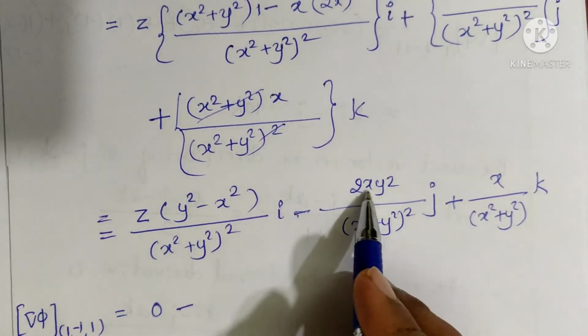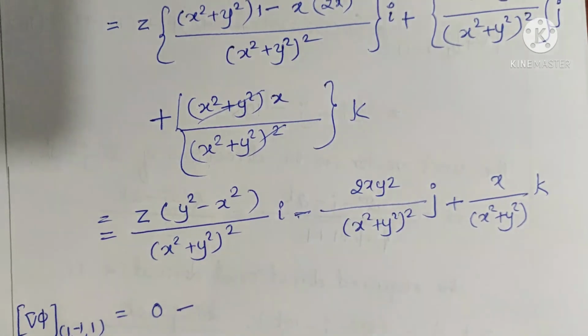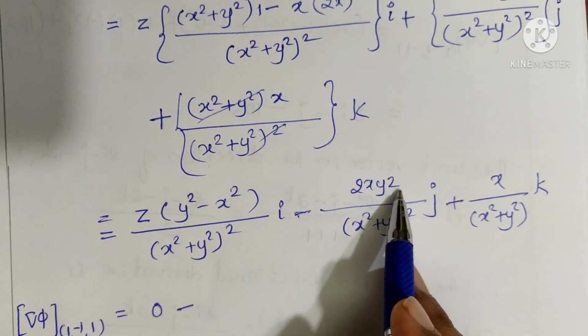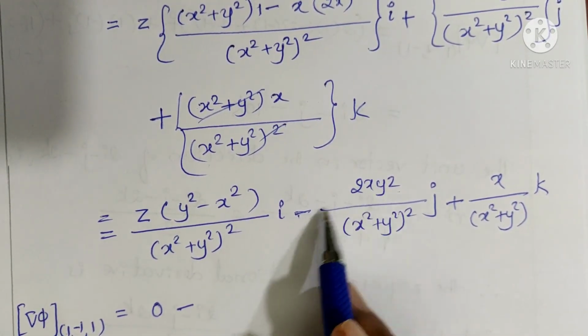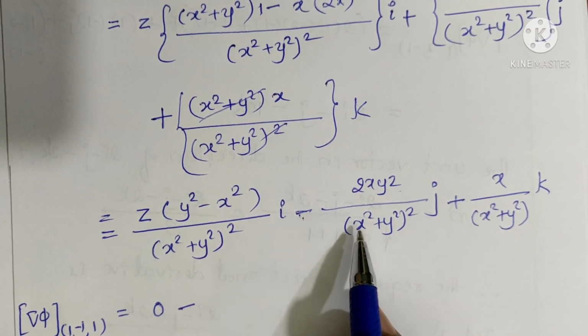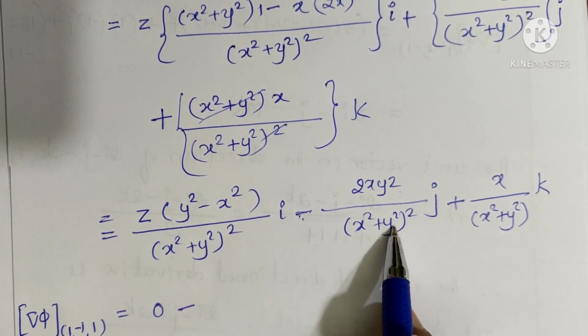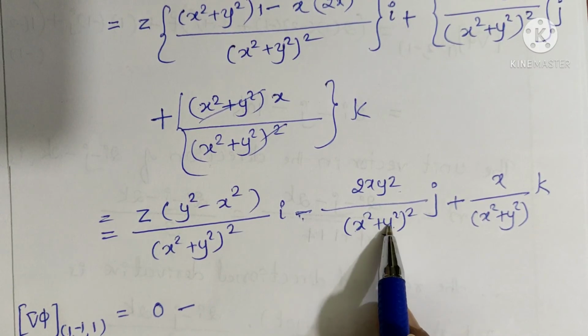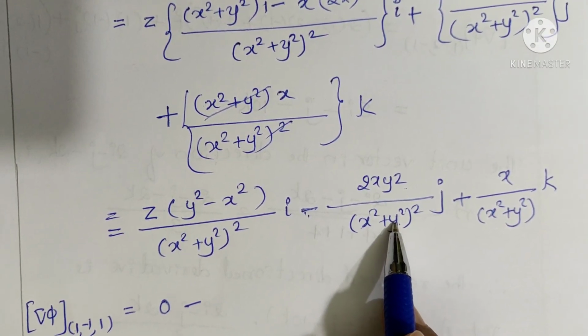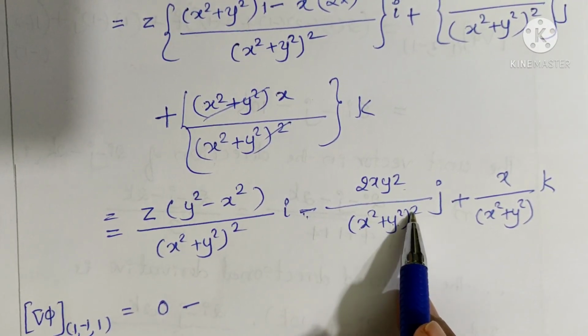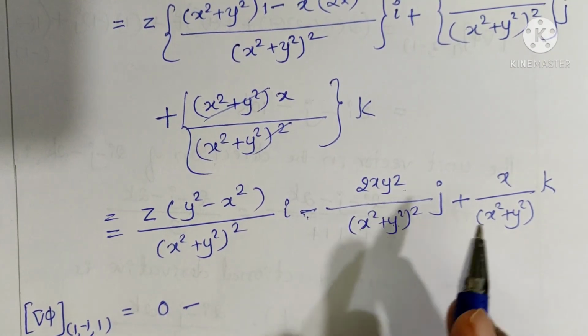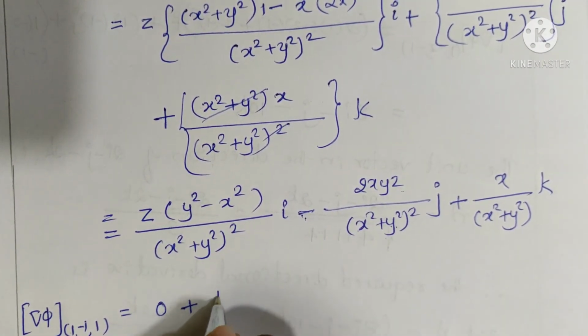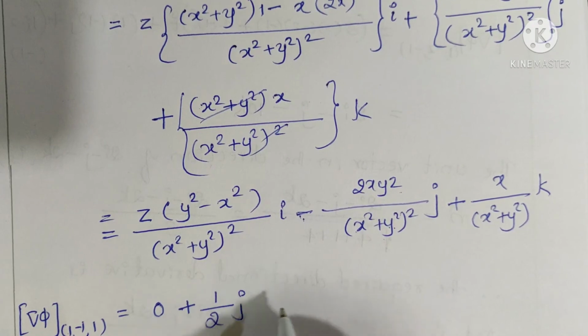As minus 2xyz, x is 1, y is minus 1, z is 1, so it will be minus 2. So this will become plus, divided by 1 plus 1, 2. 1 square plus 1 square, so 2. 2 whole square is 4. So this is 2 by 4, so plus 1 by 2 j.